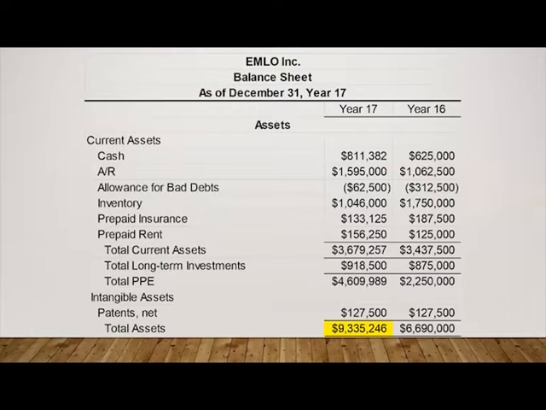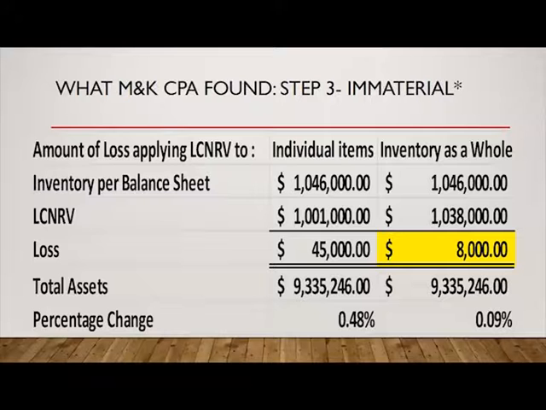As you can see, for the year 2017, EMLO had an inventory balance of $1,046,000 and total assets of a little over $9.3 million. We based our opinion of choosing to evaluate inventory as a whole on the fact that the total change in inventory was immaterial in comparison to EMLO's total assets.